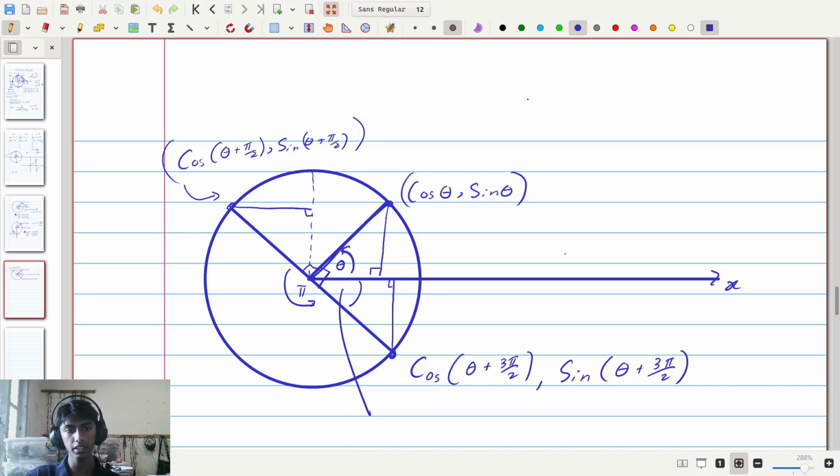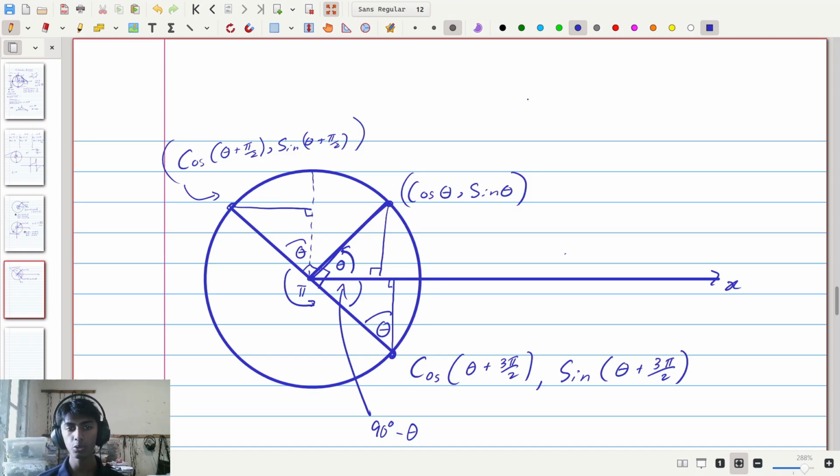So this angle here is 90 degrees minus theta, or pi by 2 radians minus theta, and because of that this angle here is theta. Similarly, on this side, if we do the same exact thing, this is theta, this is 90 minus theta, which means this angle here would also be theta.